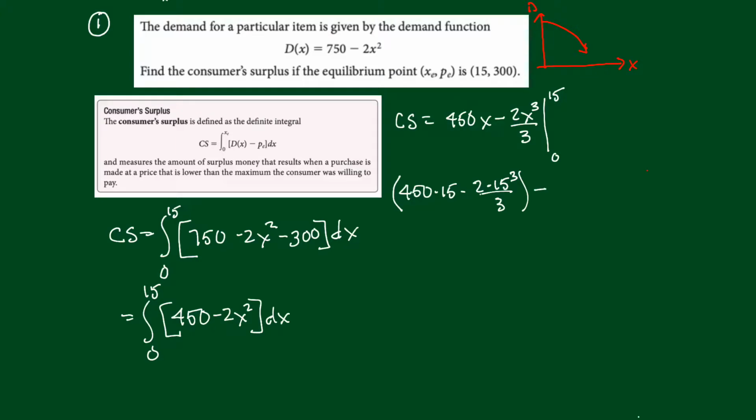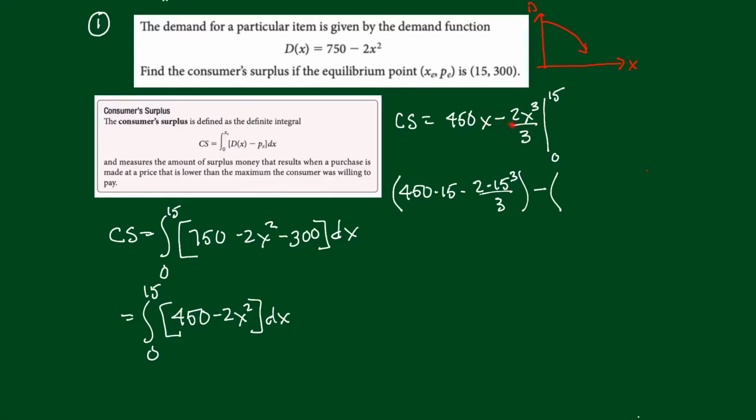and minus, now put in the lower limit. Now we've seen this before many times. If you put in the lower limit, which is 0, and you've got a variable in every one of those terms, the whole thing is going to come out to be 0. You put a 0 here, 450 times 0 is 0. Put that 0 here and compute. 0 cubed is 0, 2 times 0 is 0, divided by 3 is 0.